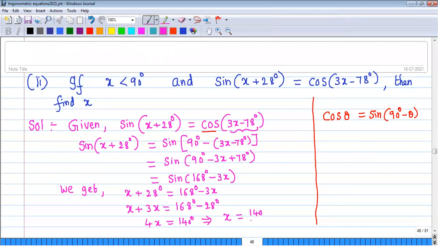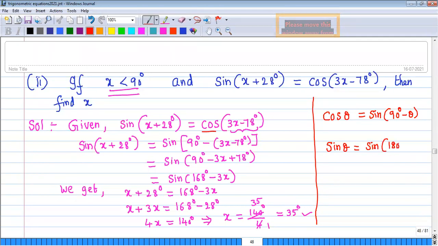140 degrees divided by 4: 4 ones are 4, 4 threes are 12, 4 fives are 20. 35 degrees. You check whether 35 is in this interval or not. Yes, 35 is less than 90, so it is included. So let us try to find one more solution also. Here we know that sine theta is equal to sine of 180 degrees minus theta.